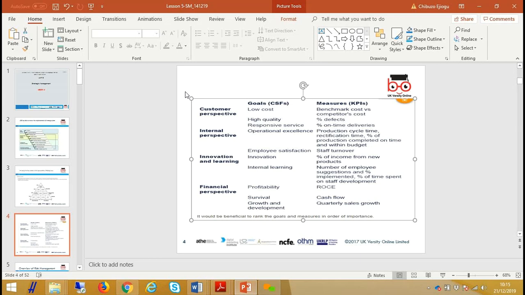And then in terms of your KPIs, your key performance indicators, you can benchmark the cost of your product or service versus your key rival or key competitors' cost, right? In terms of quality, you can look at the percentage of defects each time you produce, and so on. So like that, for each of the four perspectives, you can look at your critical success factors and key performance indicators.